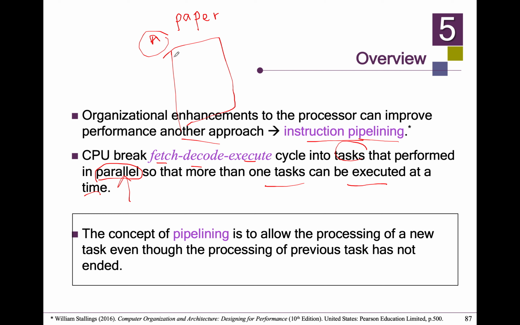Let's say abstract, then introduction, then methodology, and then conclusion. You write up your abstract, after finishing you move to your introduction, then the methodology, then the conclusion. Normally, people will do this step by step. Once one task is finished, you move to another one.